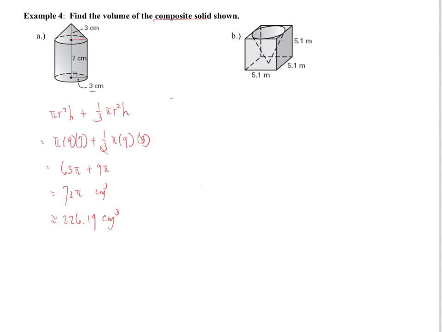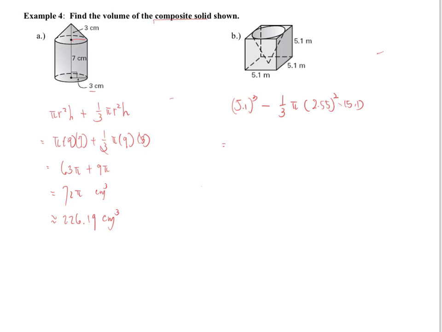And for part B, you need to subtract the volume of the cone because that's hollow inside. So again, first find the volume of the entire cube, which is just 5.1 cubed, and then minus the volume of the cone, which is 1/3 pi, and r would be half of 5.1, which is 2.55 squared, and then times the height.